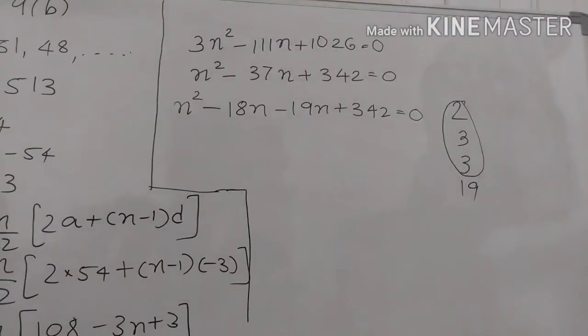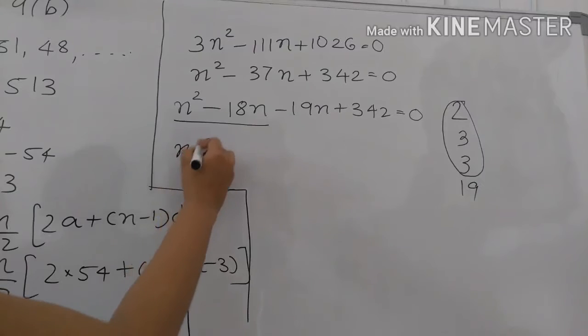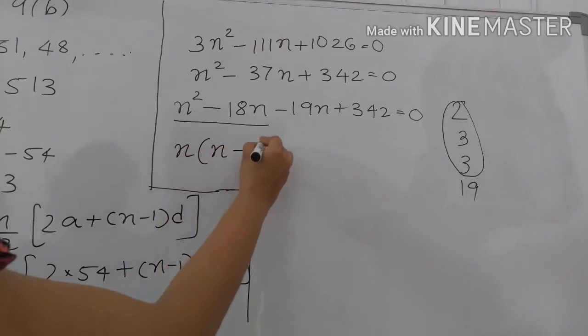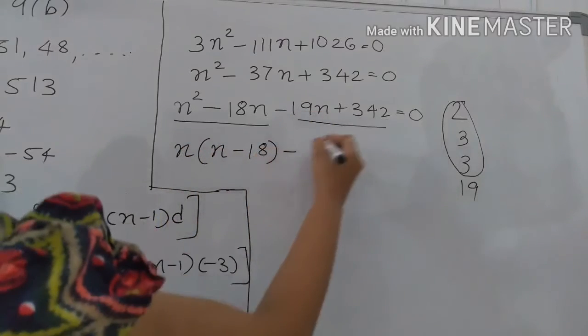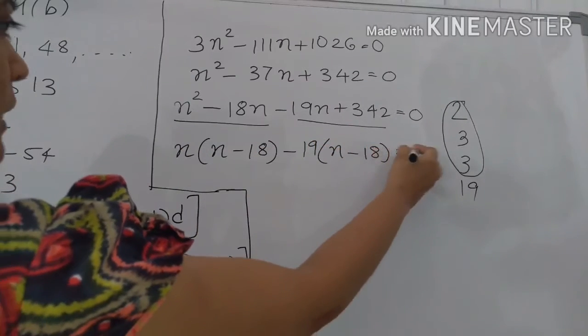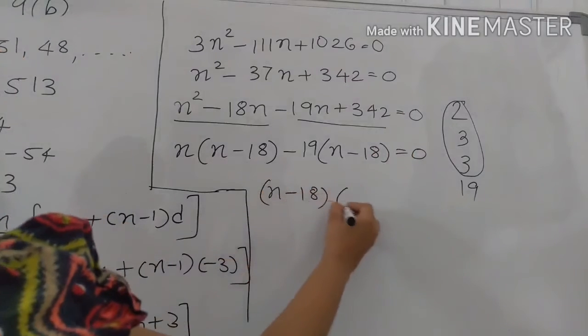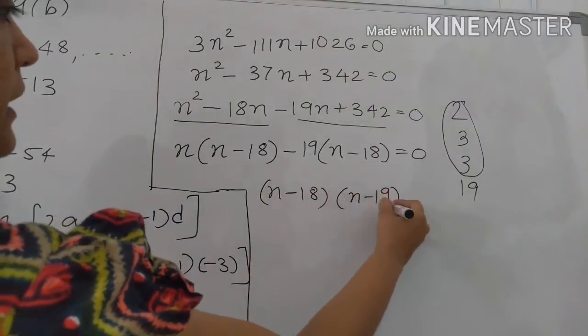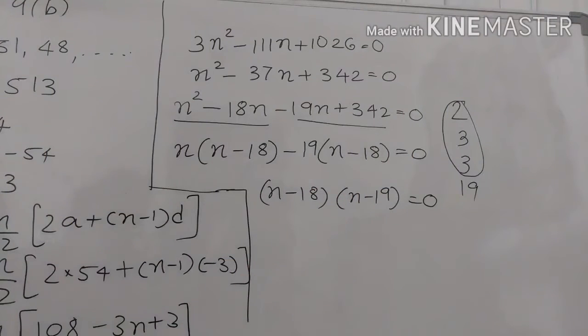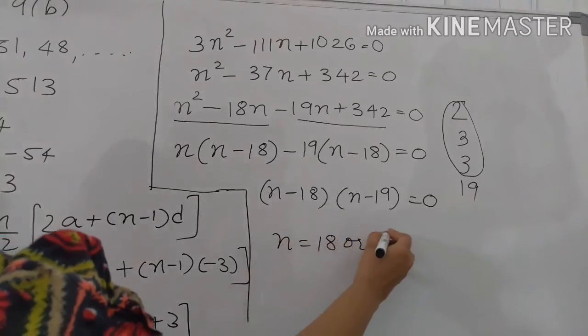This way we can find factors. And from the first two terms I take n common and minus 18, and from the other two terms 19 common and minus 18 in the bracket. So here we find two brackets, n minus 18 and n minus 19 is equal to 0. So we get here two values of n: 18 or 19.